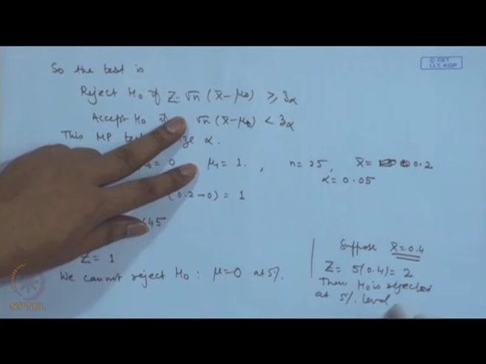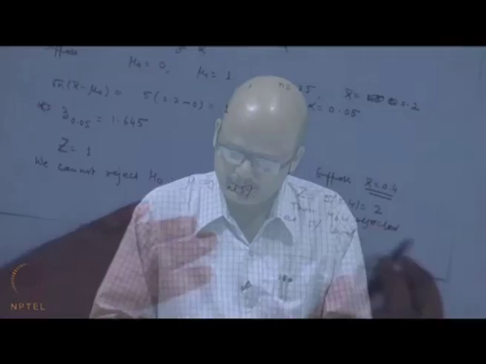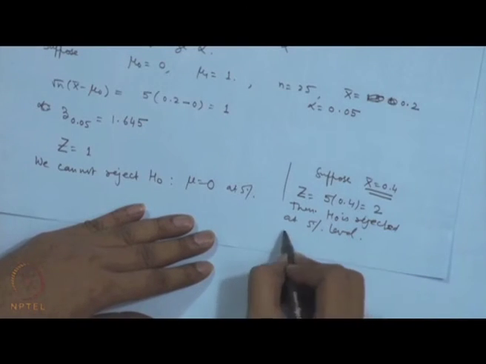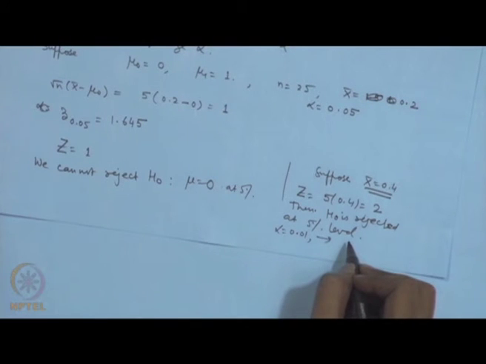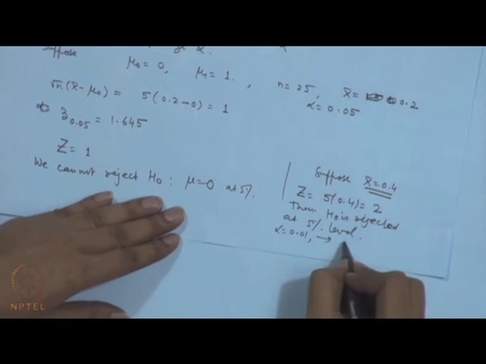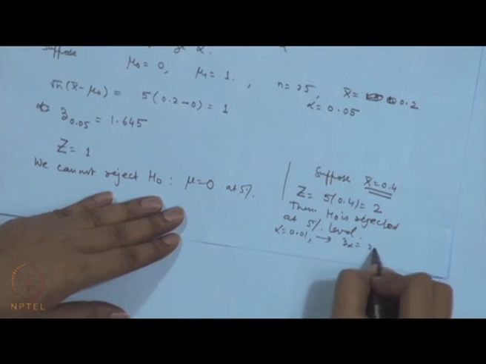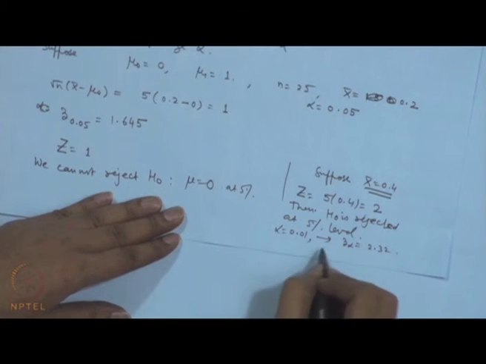But if I change the level of significance, it may still be possible to accept this. For example, if I take, say, alpha is equal to 0.01, then I will get z alpha is equal to 2.32 and here I will get H naught is accepted.